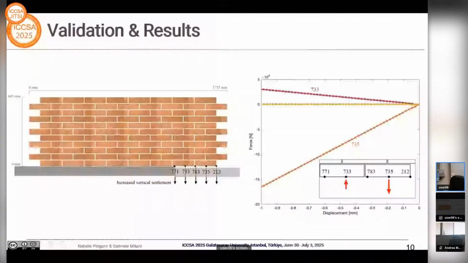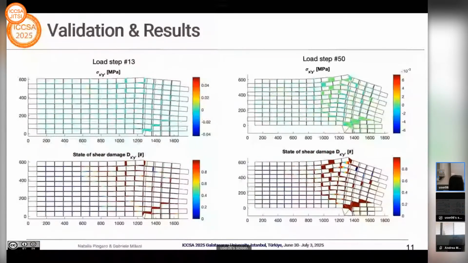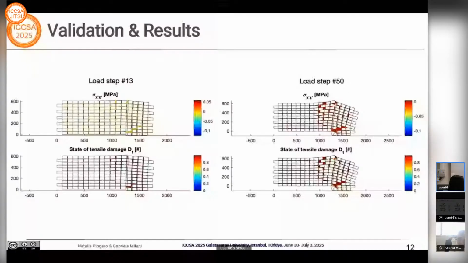Let us see now the localized behavior found within Femanola context, plotted for steps 13 and 50 of 50, and related to the tangential stresses and the state of shear damage, and for normal stresses and state of tensile damage.